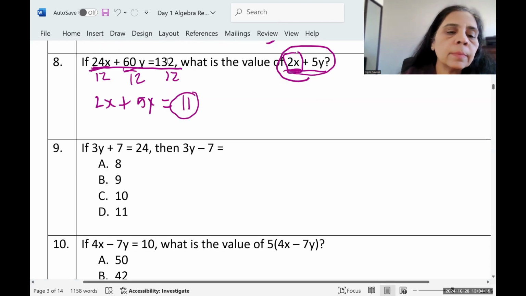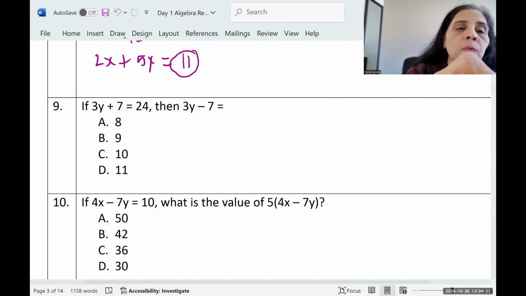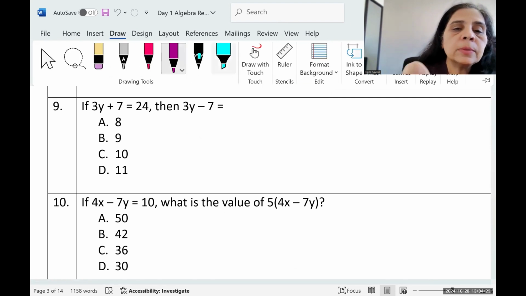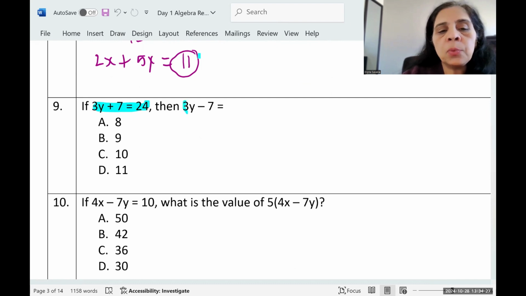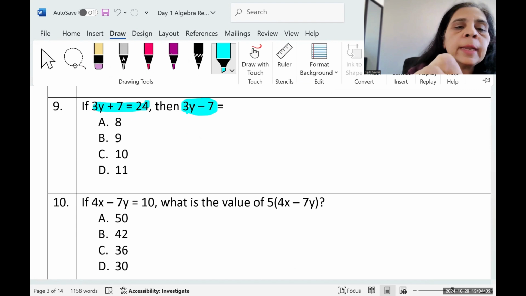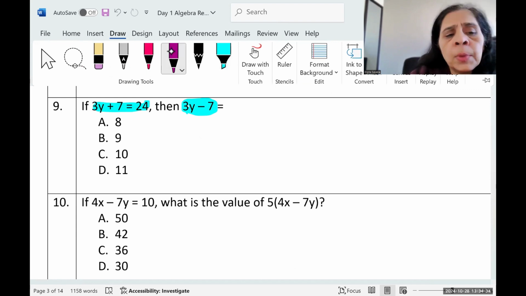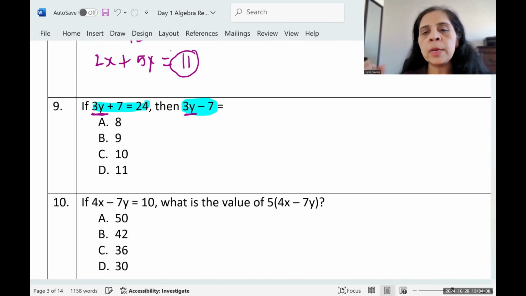All right. Number 9. Now here what we have, given and question, we will compare. So here the given is the equation 3y plus 7 equals 24, and we solve for the expression, right? So we will check here 3y and 3y. We are comparing given and question. What is the relation between them?